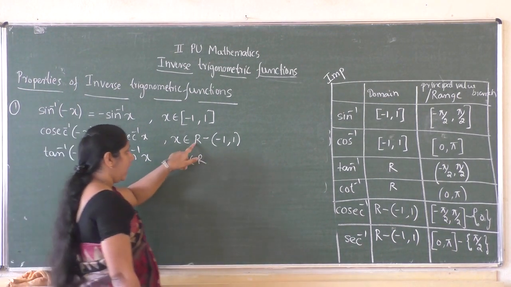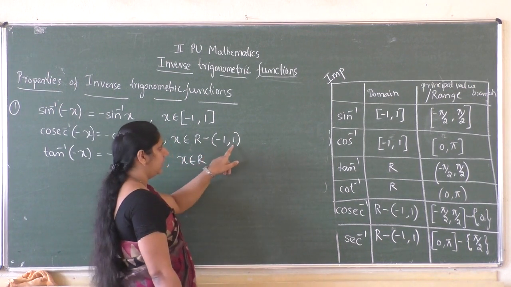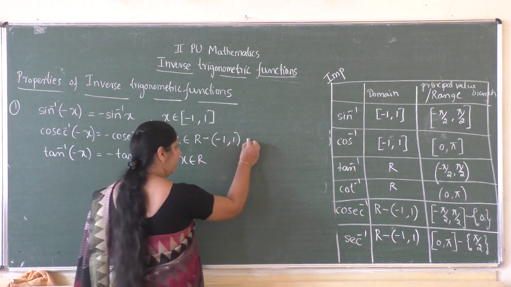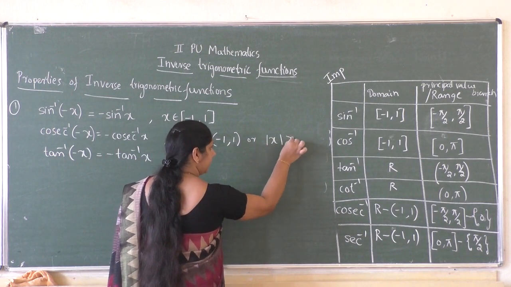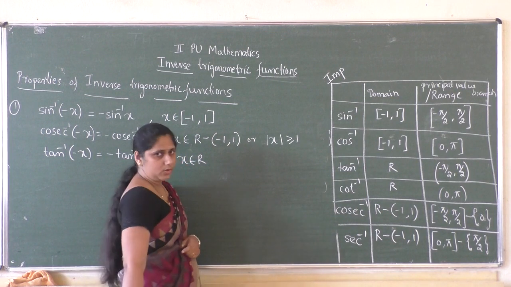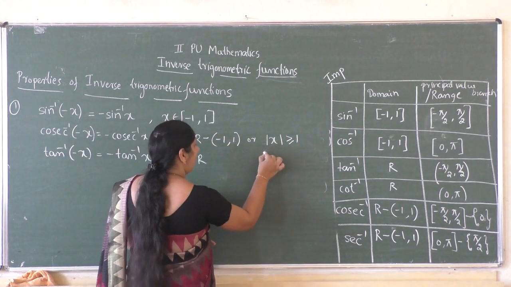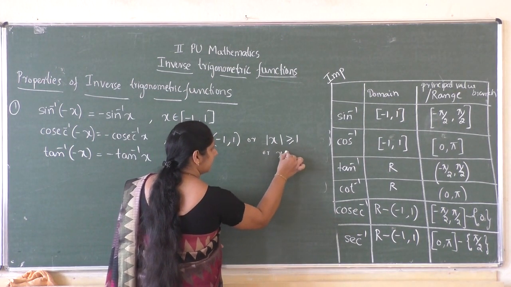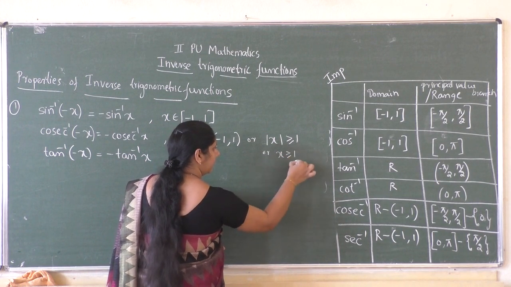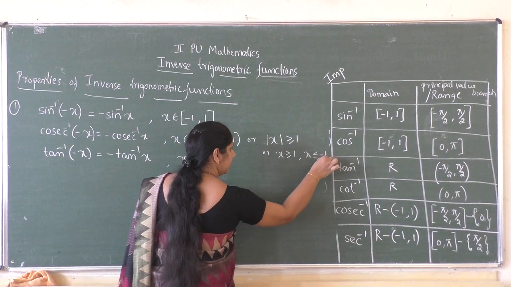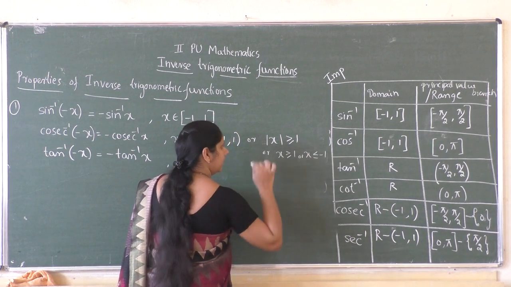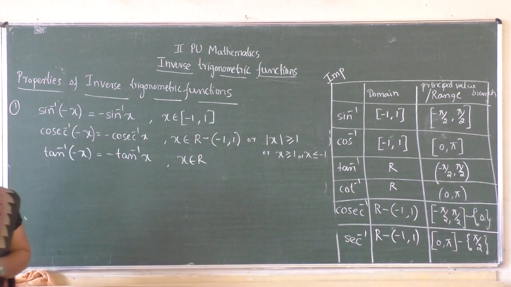Here R minus open interval -1 to 1, or we can write it like this also, mod x value greater than or equal to 1, or x value greater than or equal to 1 and x value less than or equal to -1.